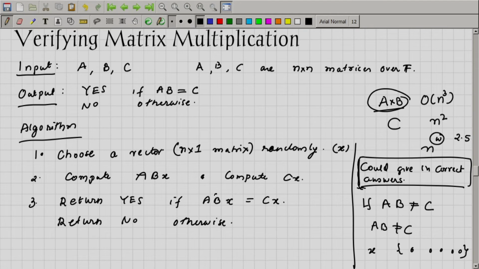because here the matrix multiplication we will compute in the following way: A times B times X. Now, B being an n cross n matrix and X being an n cross 1 matrix, the multiplication only takes O(n^2), because we could just take the matrix B and multiply it with X, so these elements are multiplied with these elements.